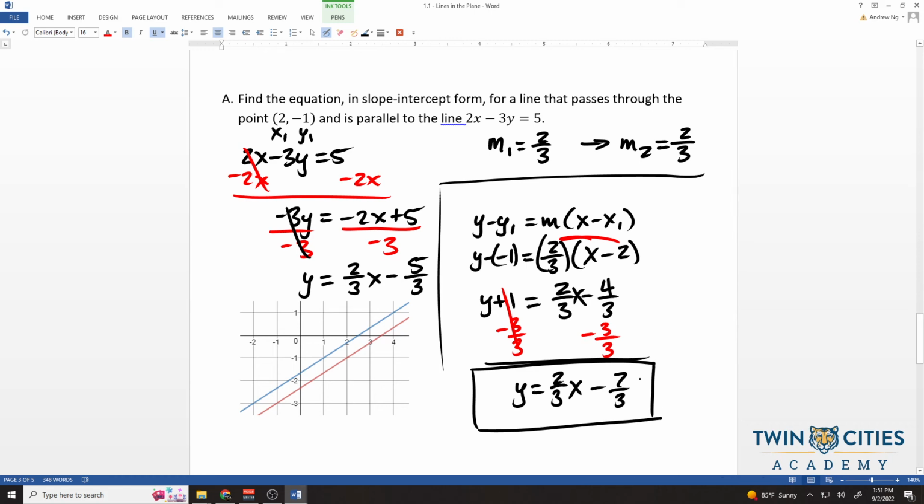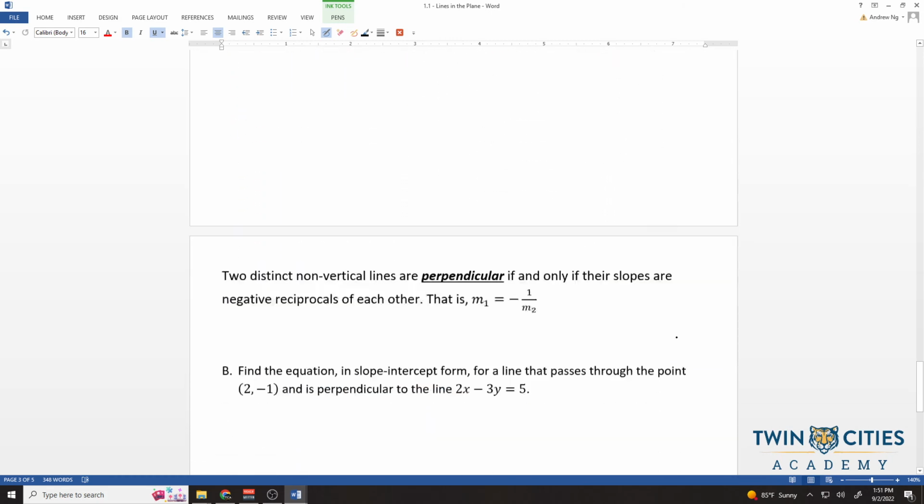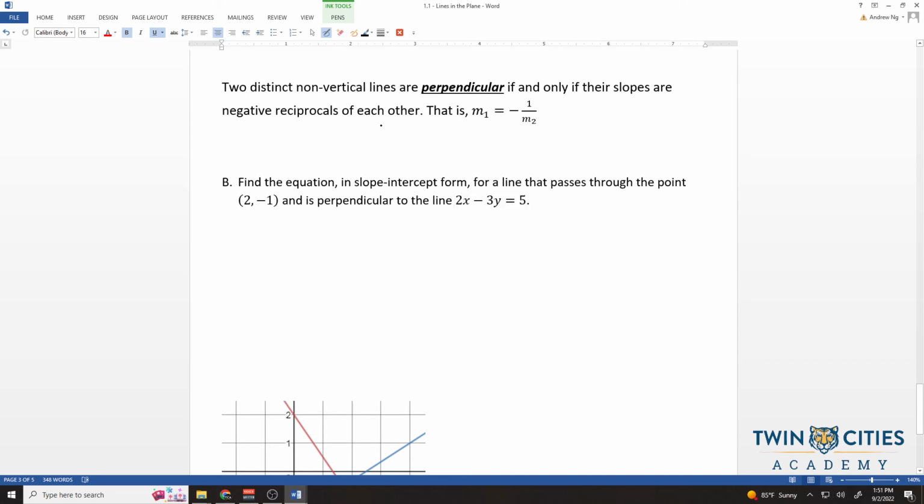What about perpendicular then? Two distinct non-vertical lines are perpendicular if and only if their slopes are negative reciprocals of each other. I call this flip and switch. Let me write that down. Flip and switch.